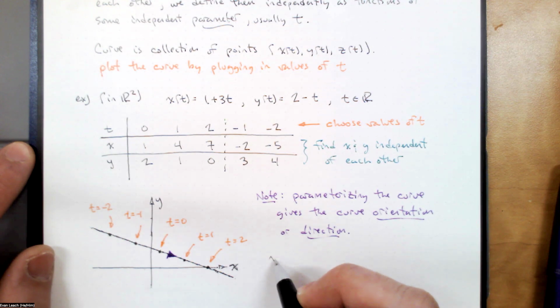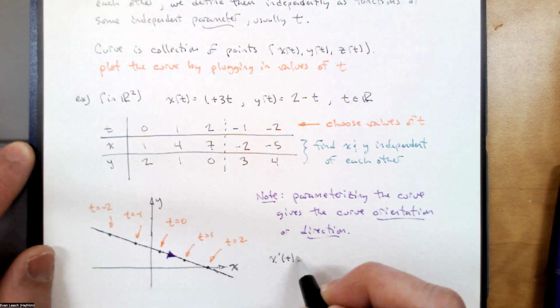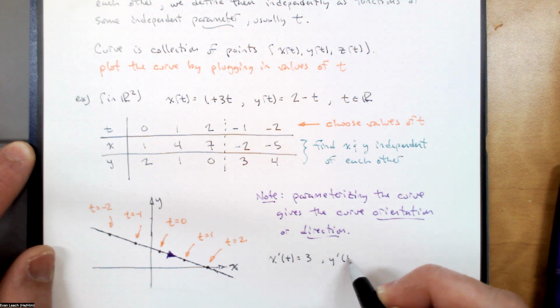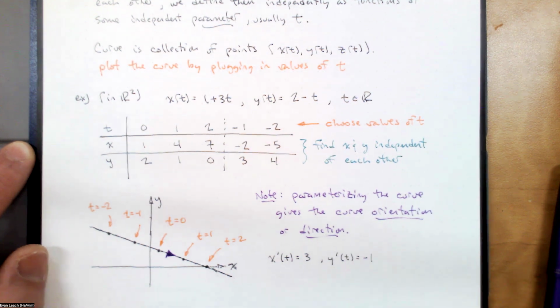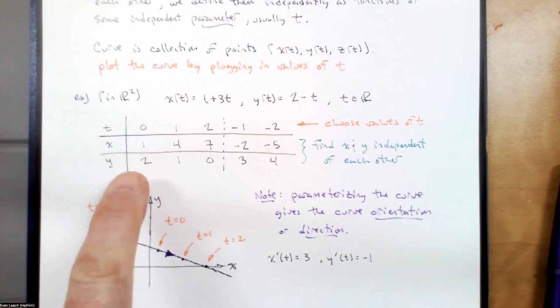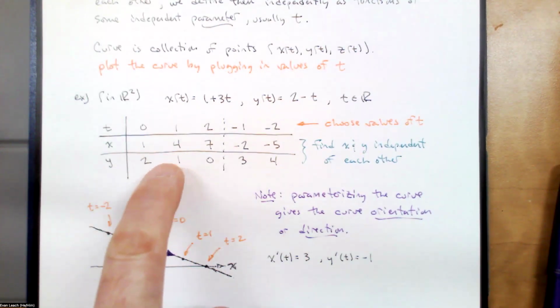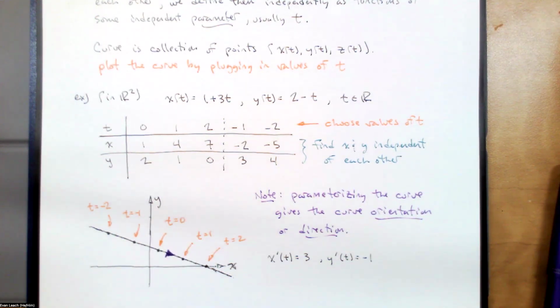So x prime of t is 3, and y prime of t is -1. We see that showing up in the table. Plus 1, 1 plus 3 is 4, plus 3 is 7, 2 minus 1 is 1, minus 1 is 0. This is a vector 3, -1 that describes the direction of the line.